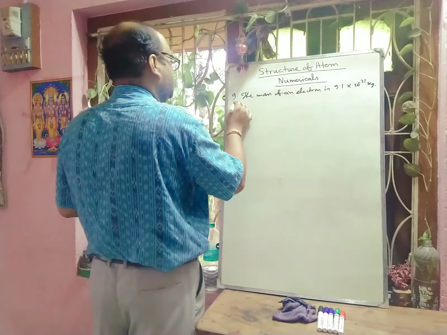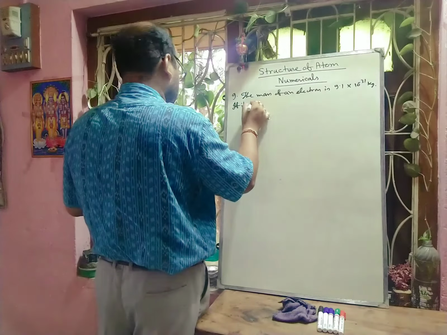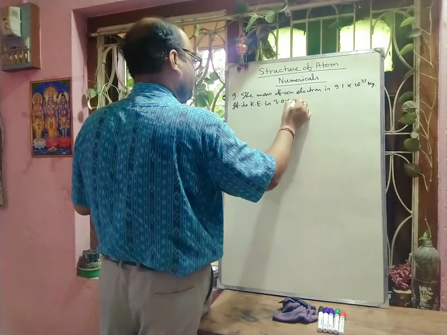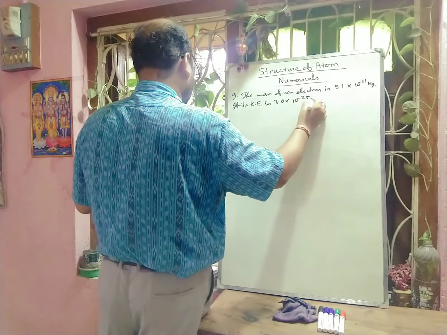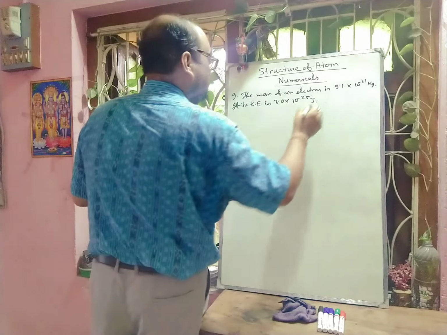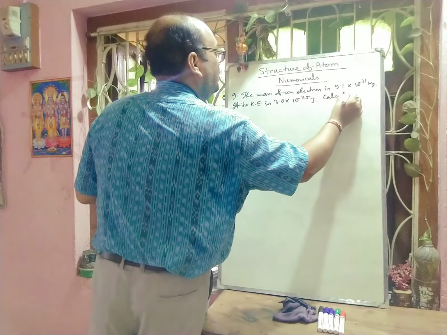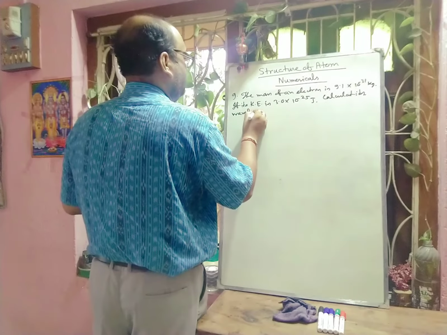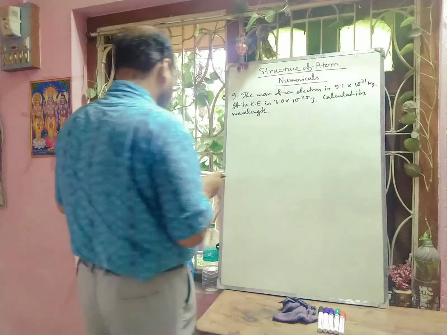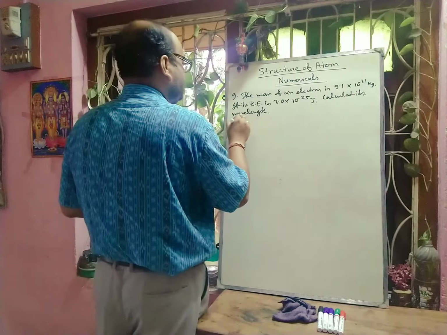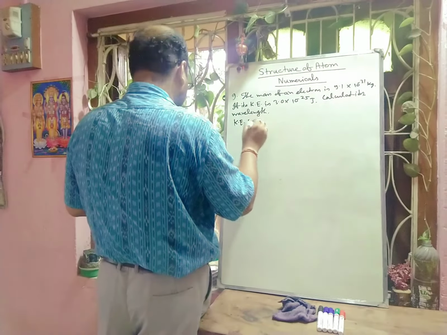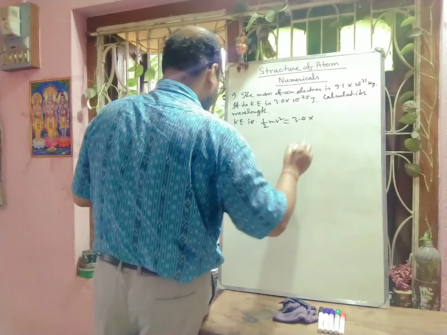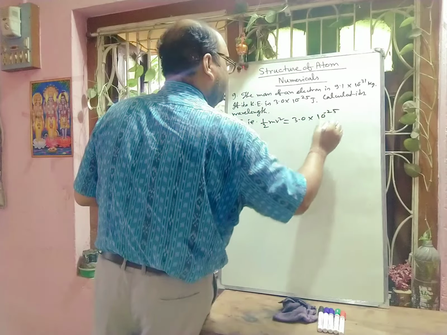If its kinetic energy is 3.0 into 10 to the power minus 25 joule, calculate its wavelength. Now here kinetic energy, that is half mv square, is equal to 3.0 into 10 to the power minus 25 joule.